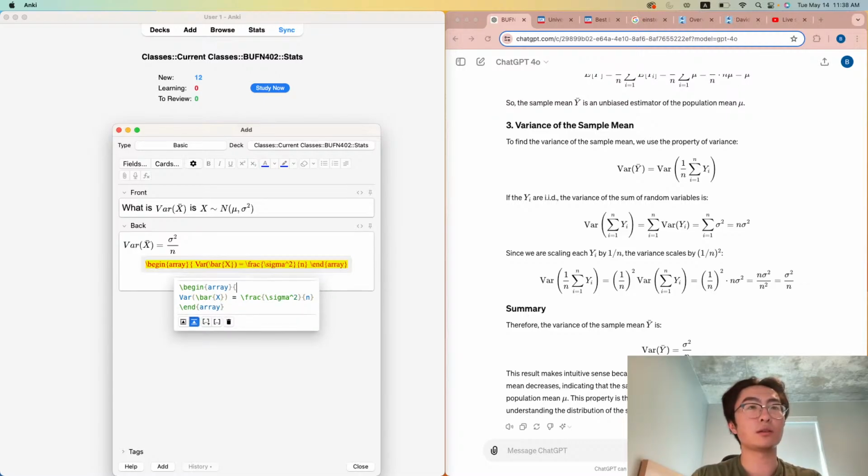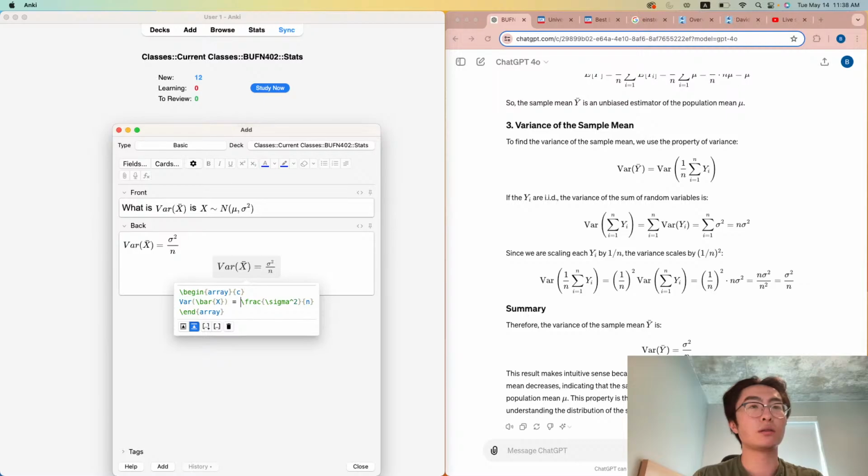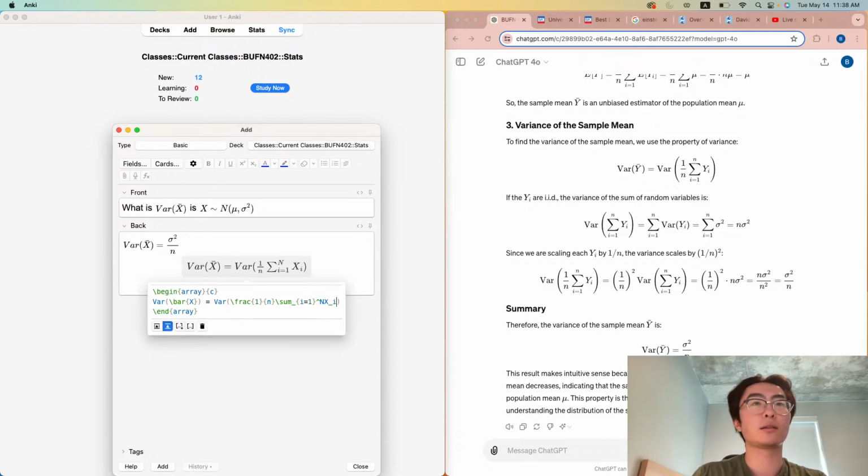All right, and then let's say this is equal to the variance of the 1 over n of the sum from i equals 1 to n of xi, right? And so I guess we can show that.